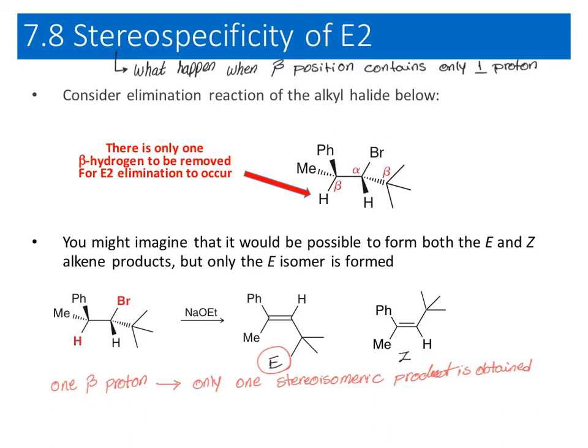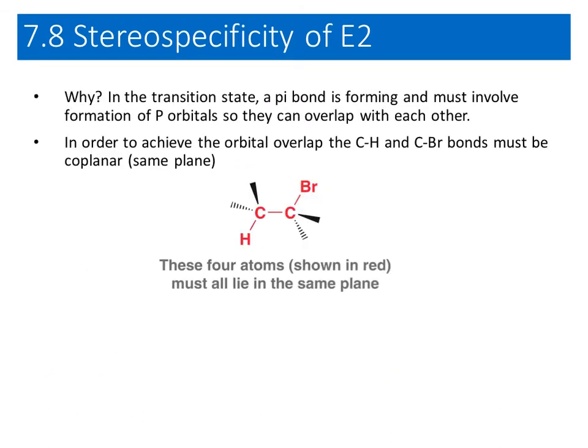Now, why is that? In the transition state of the E2 mechanism, a base would take the proton, forms a double bond, and kicks off a leaving group. So in transition state, a pi bond is forming, and that involves formation of the p orbitals. So they can overlap with each other to form the pi bond.